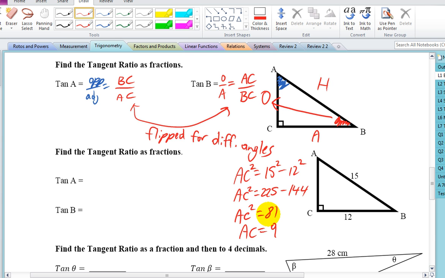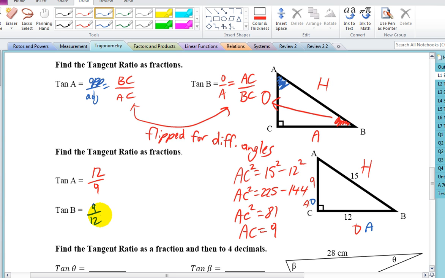Okay, so what's tan A, tan B? Go ahead, find them now. Label your HOA and then switch your HOA for each angle. How many people got this?